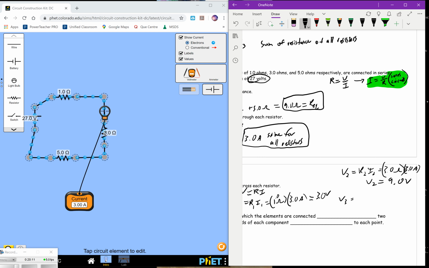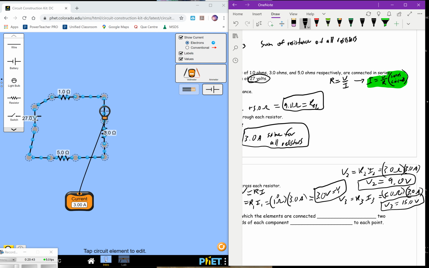And V3 is equal to the resistance of R3 times the current through R3. And we have 5 ohms times our same current. And V3 is equal to 15 volts. We have 3 answers here, and this one was V1.